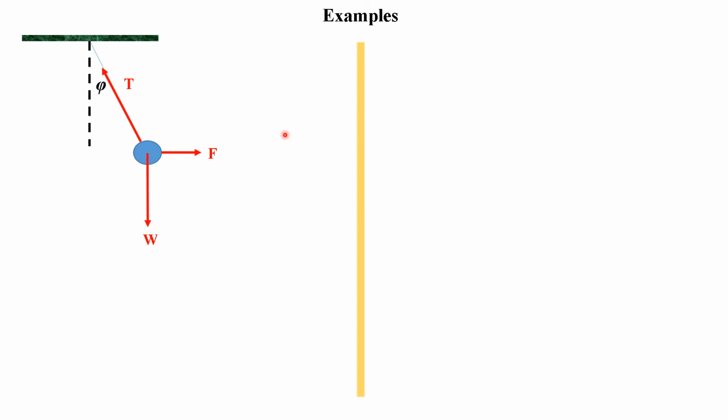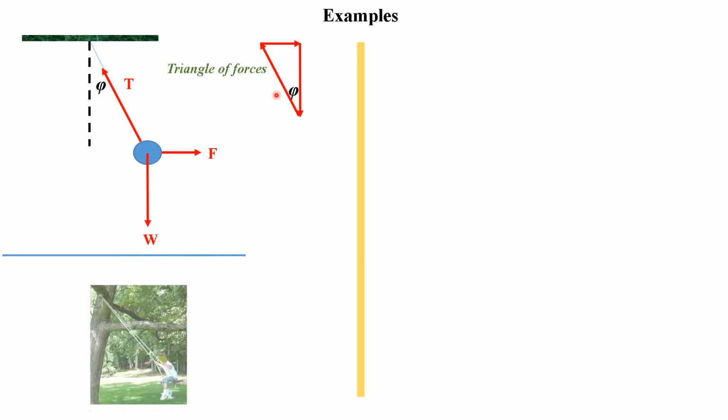Then these three forces are non-parallel, and from the previous rule they form a triangle of forces. This is your force F, this is the weight, and this is the tension. This angle is phi as we have here. If you extend that, this will be its opposite, some simple geometry.